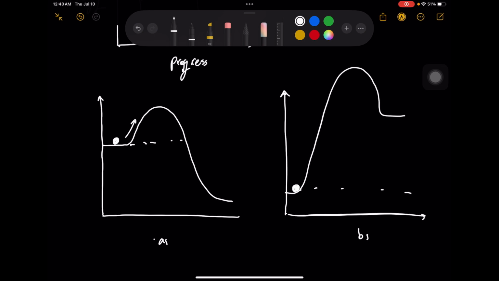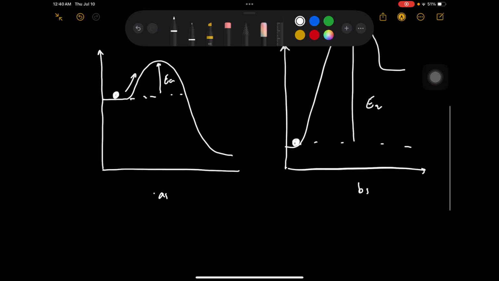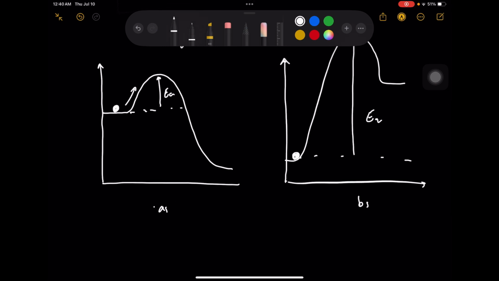So the distance from there to there is the activation energy. We can show it as EA. And also here is the activation energy required. So the higher the activation energy, the slower the rate of reaction. This one has a slower rate of reaction.